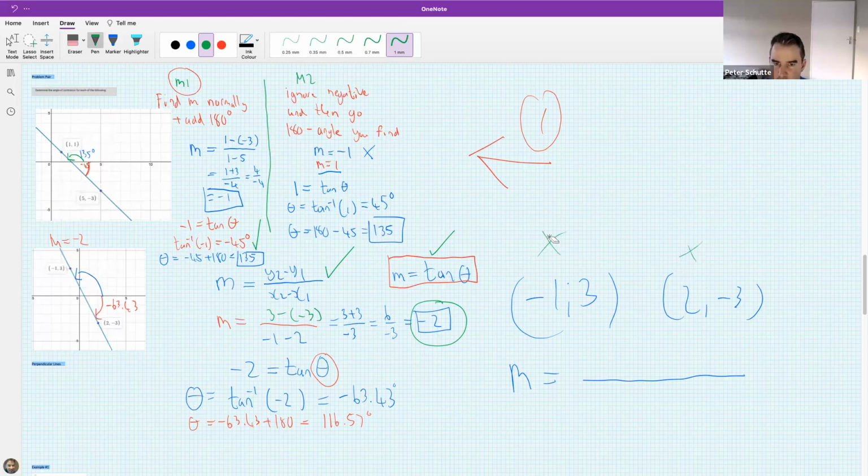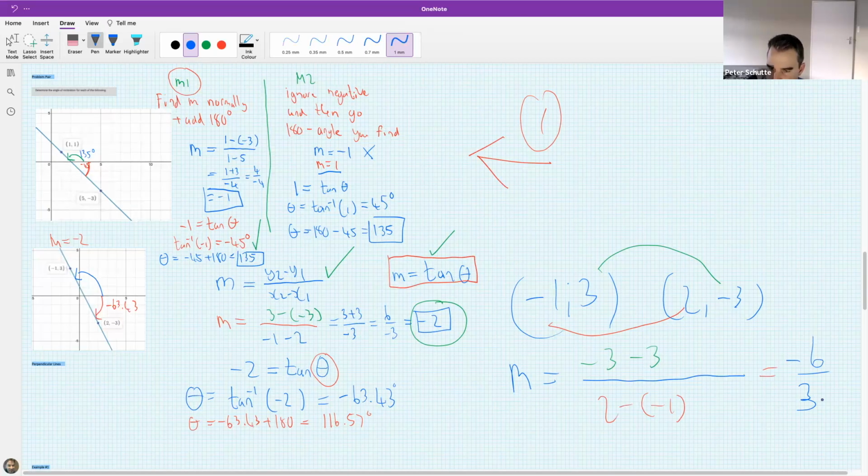I think previously I started with the 3, but I could also start with -3 and go like this. But then on the bottom line, I have to make sure I go like this for this bit. And so I would get -6 over 3, which is still -2. Are you okay with that?